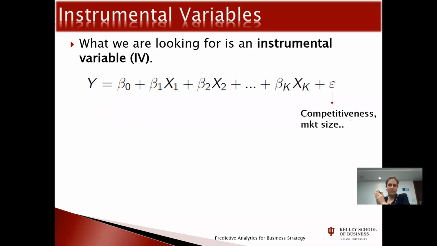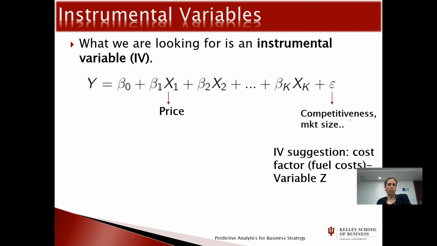Because competitiveness is in the error term and I cannot control for it and cannot measure it, that causes my price, my variable x1, to be endogenous. So what I'm going to do is try to find a variable that is related to my treatment, that somehow shocks my treatment, that provides variation in my treatment.